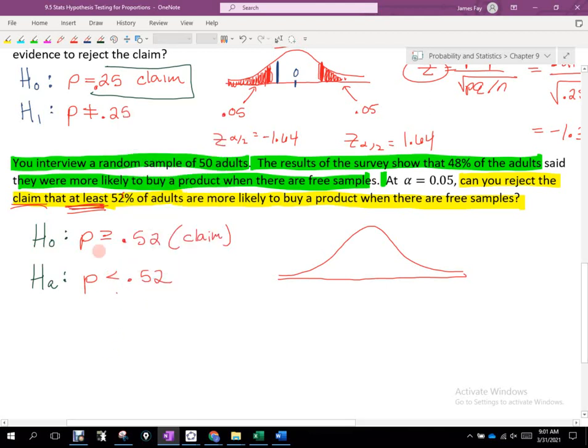So in this left tail right here, we want 5% of our area, so that's alpha equaling 0.05 there. So this Z-score that's attached to that alpha, is it the same as the value that was in the previous problem? Yeah, it's negative 1.64.